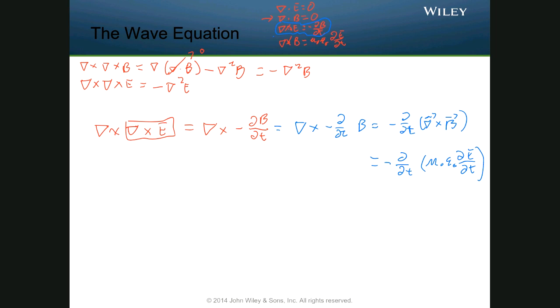So this simplifies to minus mu naught epsilon naught d2E/dt2.